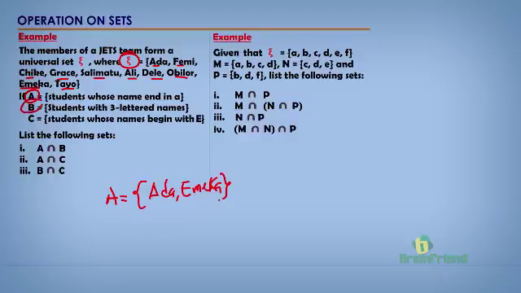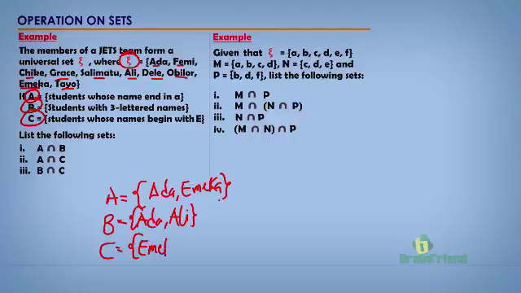If B is the set of all students with 3-lettered names, we would list our set as Ada and Ali. If C is the set of all students whose name begins with the letter E, we would have our list as Emeka.